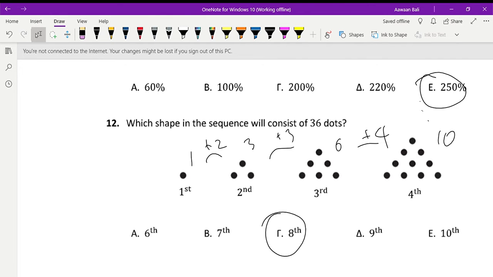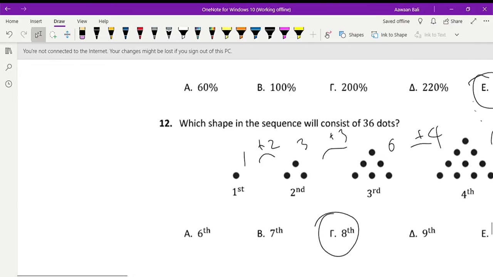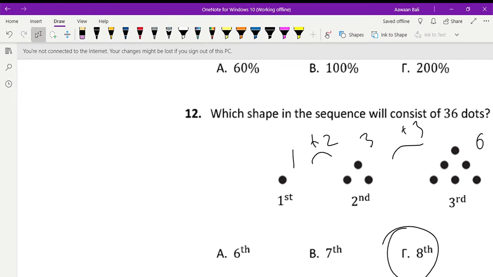Then we substitute the 36 as the answer to that equation, the sum, and then we can find the number. So okay, and remember x is the position of the pattern. So okay, first it can be 2x minus 1, it can be 3x minus 2, it can be 4x minus 3.